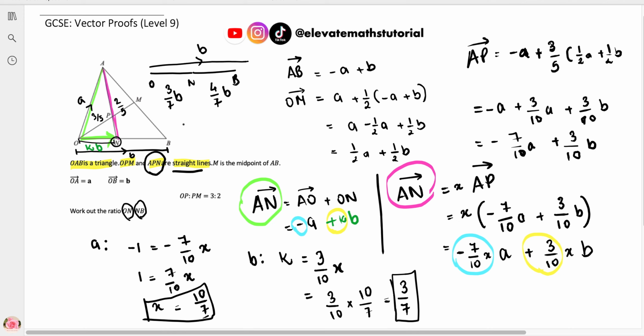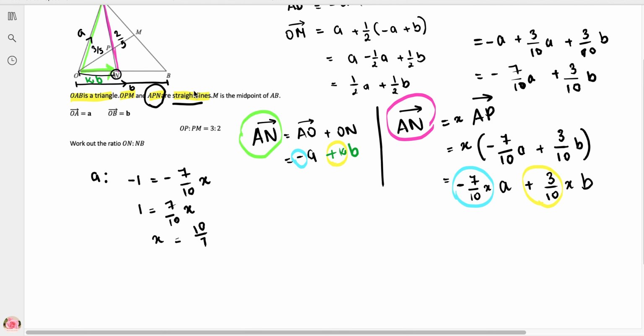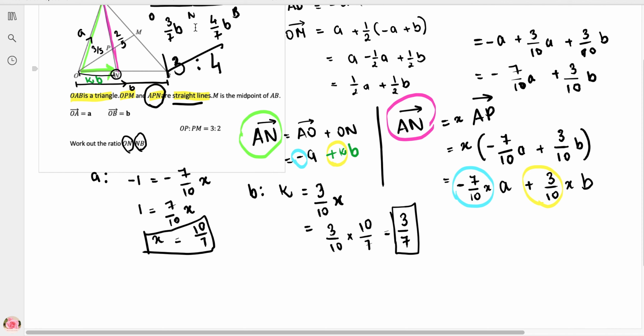So the ratio is just 3 to 4. Sorry, there's a glitch on this pad. So that's 3 to 4.